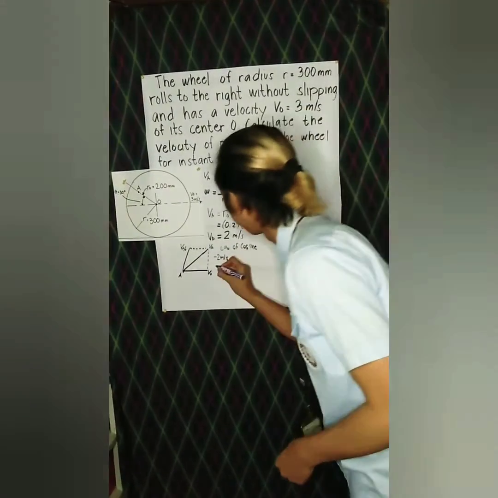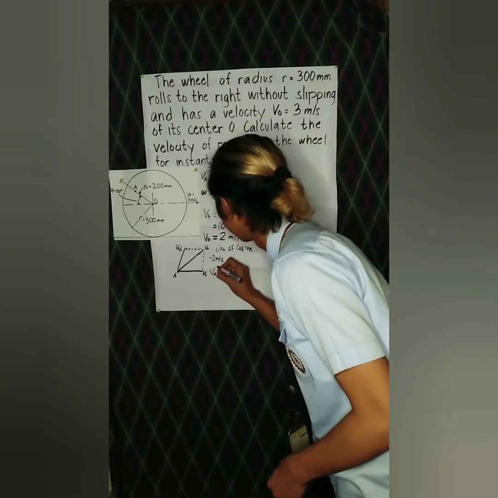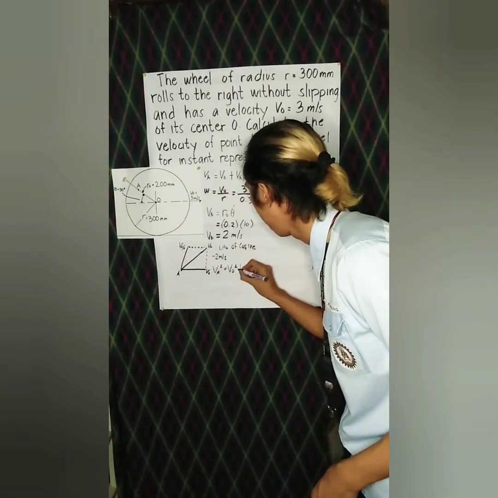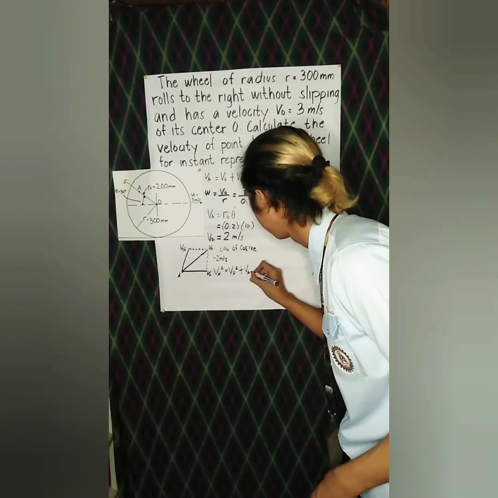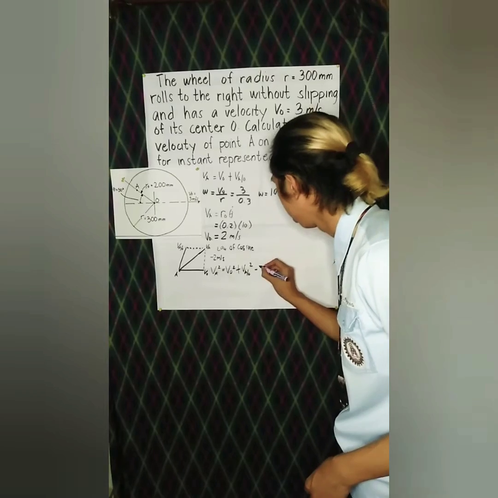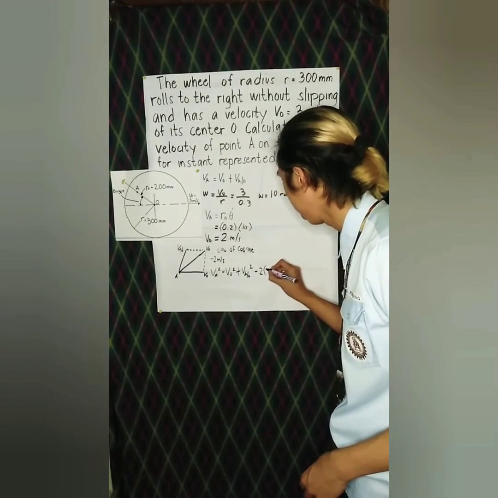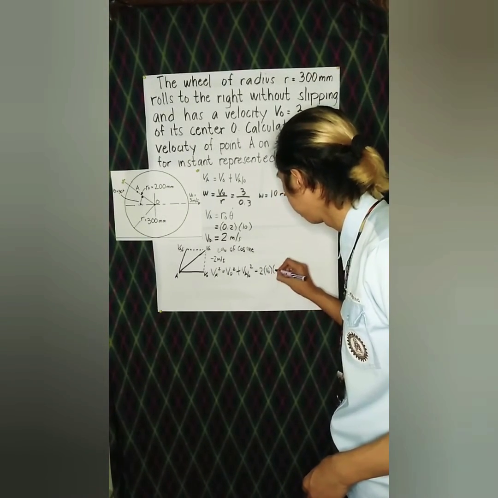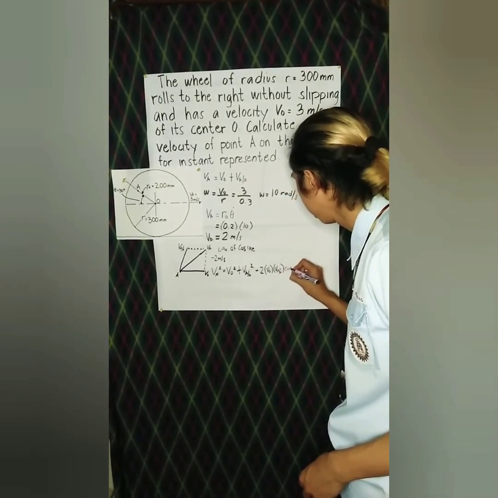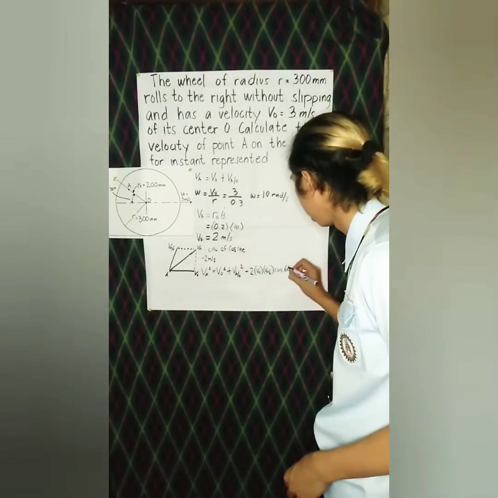So VA squared equals VO squared plus VA/O squared minus 2 times VO times VA/O times cosine 60.